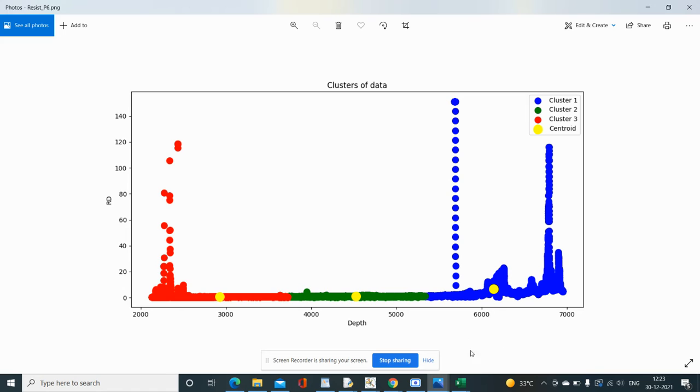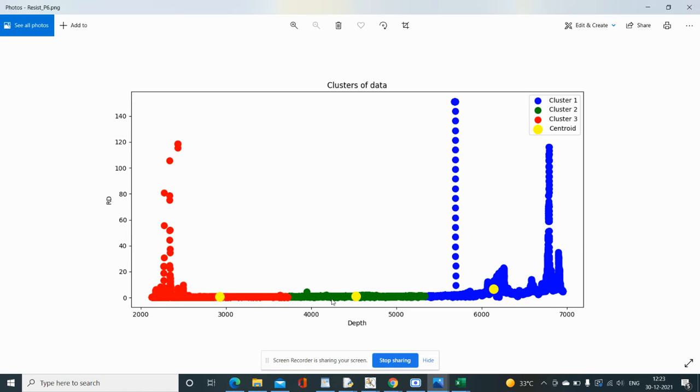So this is another example of clustering, and here we can say that this helps to understand the erroneous behavior of the data.